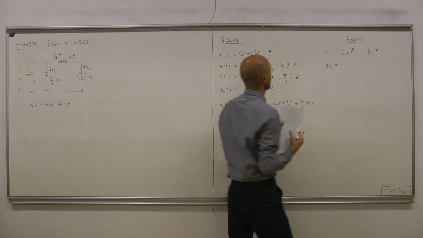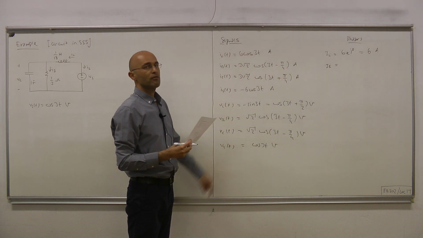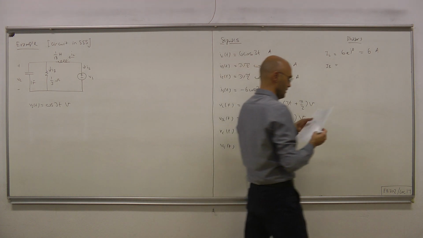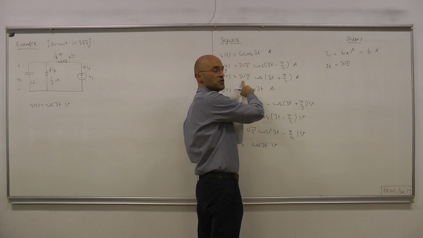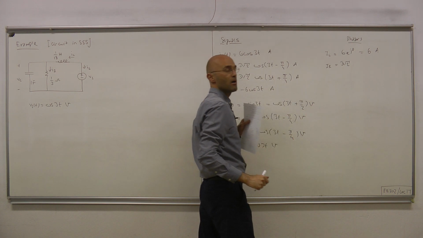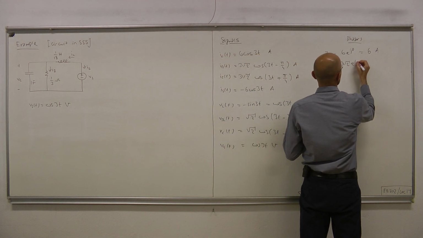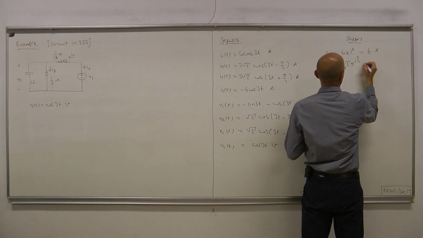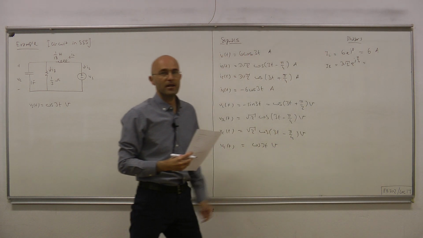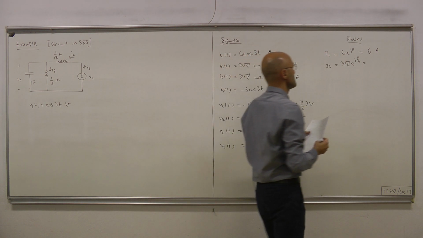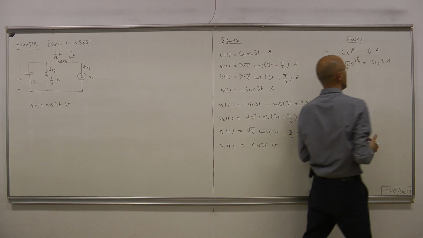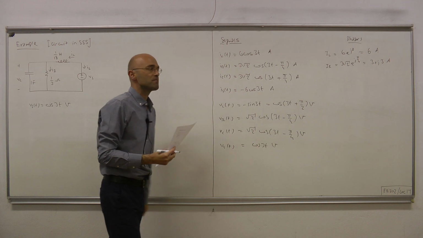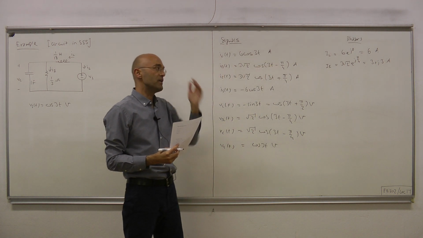IR, the phasor of the resistor current, has magnitude 3 square root of 2 and phase e to the j pi over 4, which in rectangular form can be written as 3 plus j3. We keep the units amps for the phasors.